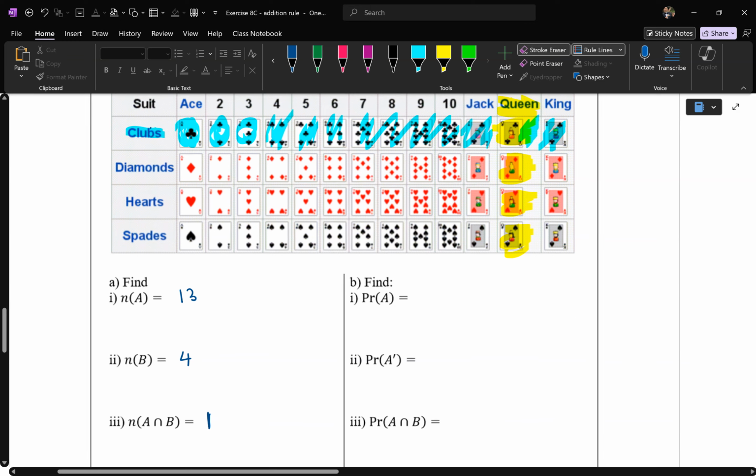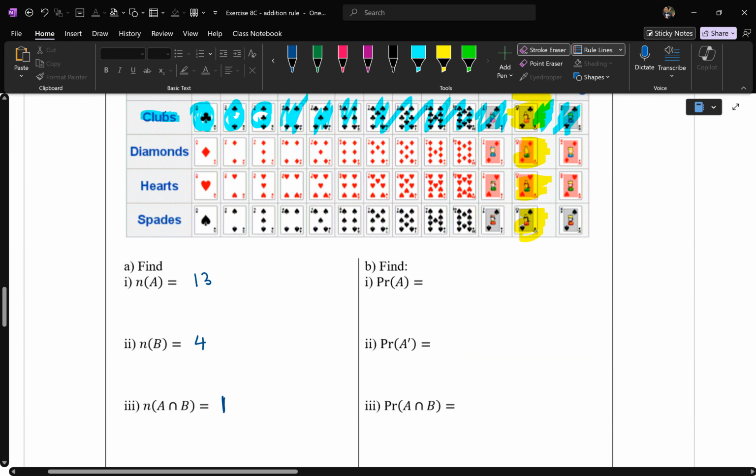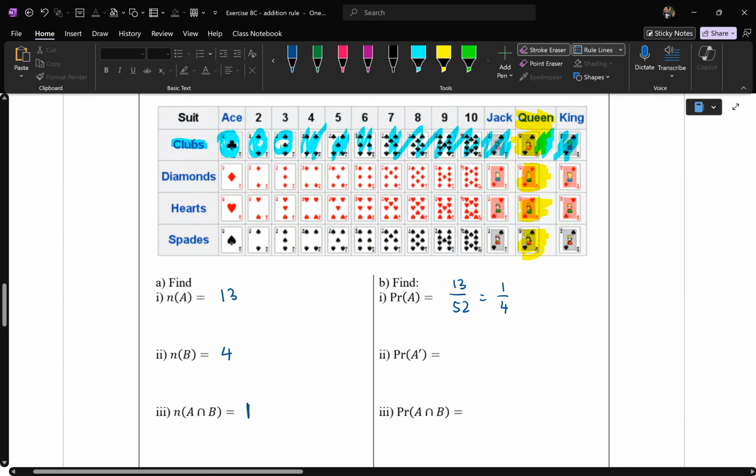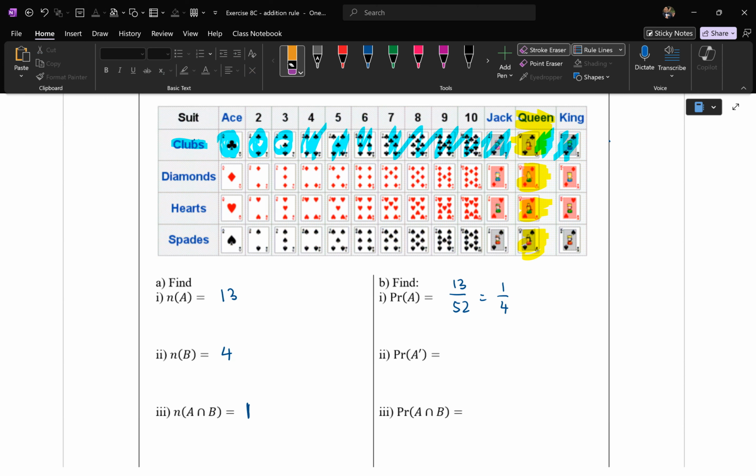So now when I answer the question, part B, probability of A, well, A was 13 out of your 52 cards, which is actually a quarter, which if you look at the diagram, makes sense. That's 1 row out of the 4 rows. So it's 1/4. Then how many is not a club? Well, obviously it's the other 3/4, isn't it?